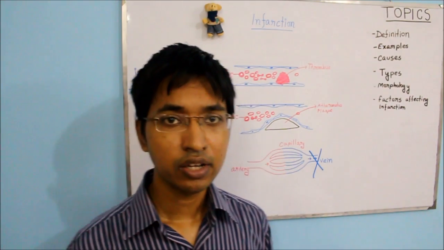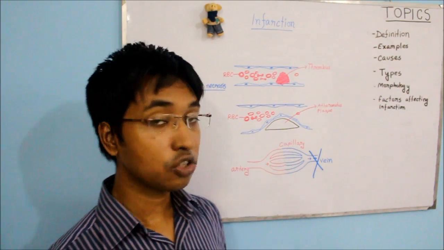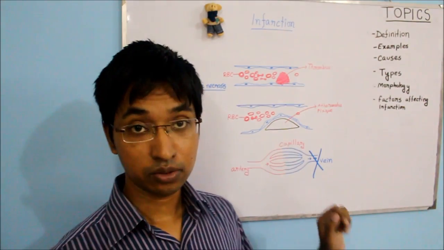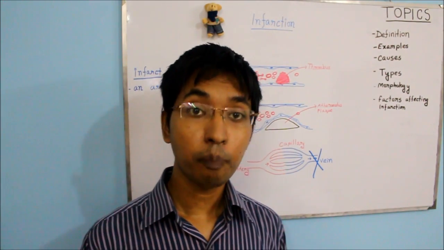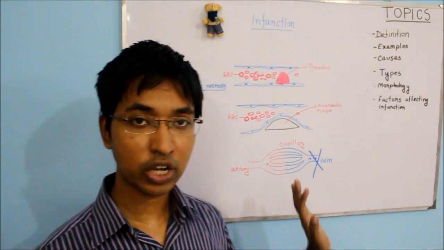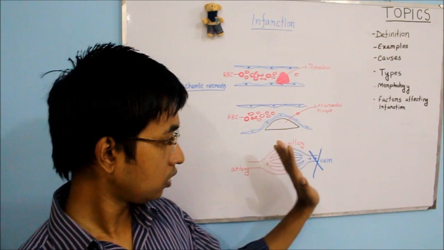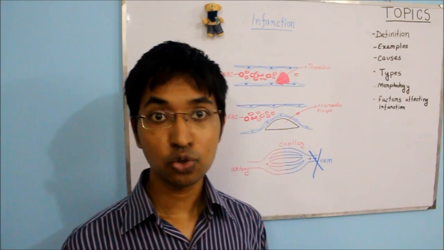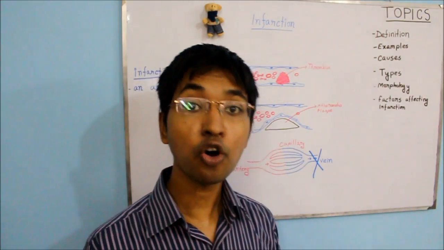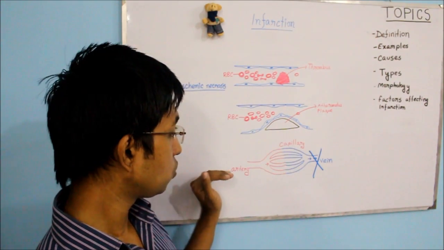Let me explain. Usually when a vein is occluded, what will happen? Some bypass channels rapidly open, and that improves the venous drainage, so blood can move out from the vein through those bypass channels, and since blood is moving out, more blood can come in through the artery.